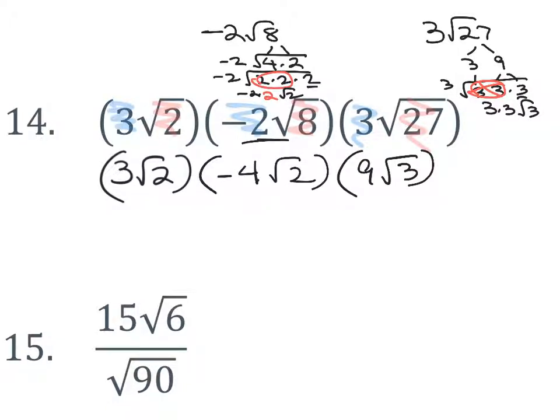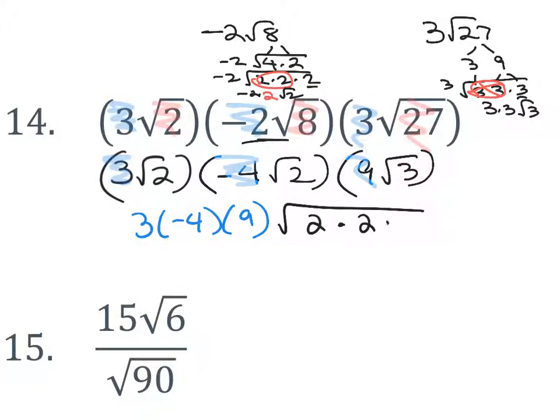Now, let's go back and let's multiply, I guess. So outsides, 3, negative 4, and 9. So all of those are going to get multiplied. And then under the radical, notice you have a 2 and a 3. Oops, we got a pair of 2's hiding under there. So in addition, I can also pull out one of the 2's.